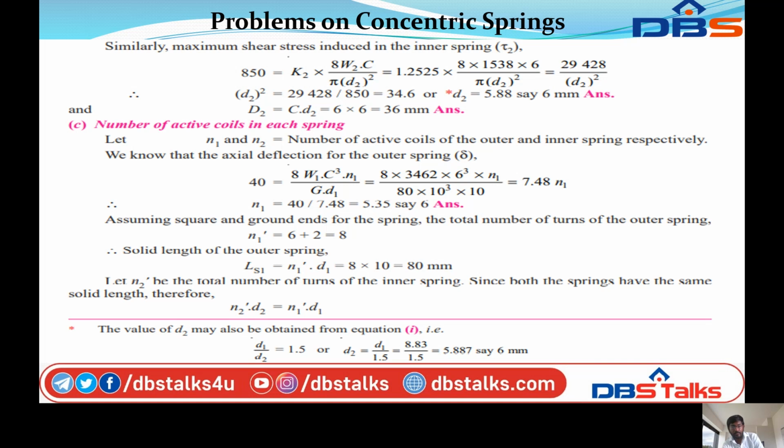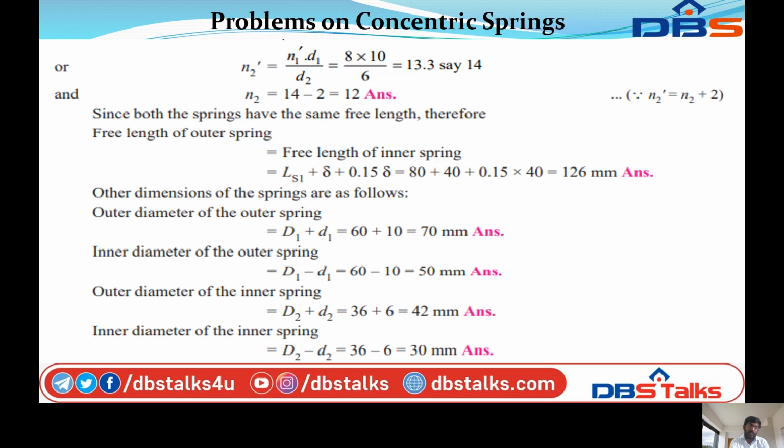So next, N2 dash is equal to N1 dash into D1 by D2, that is equal to 8 into 10 by 6, that is equal to 13.3, that will be rounded to 14. Since N2 dash is equal to N2 plus 2.